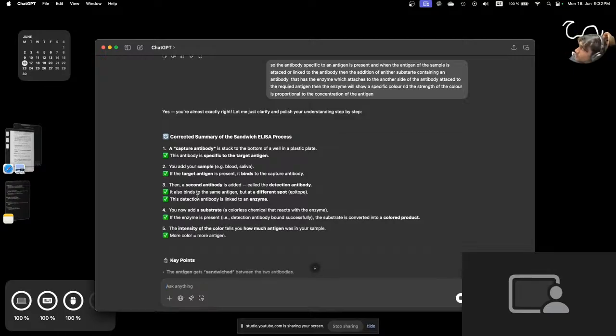The target antigen present binds to the capture antibody. Oh, it attached to the antigen. Okay, this is the detection antibody. Now add a substrate. Okay, what was the question?